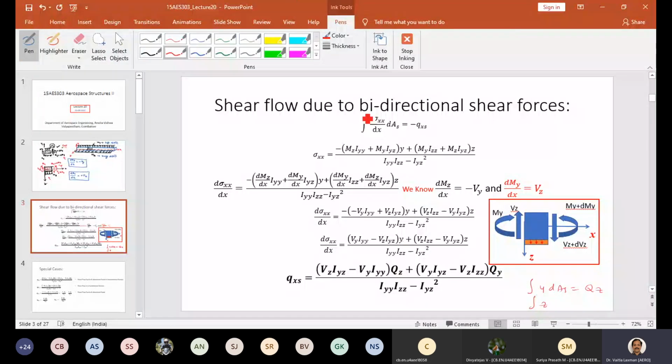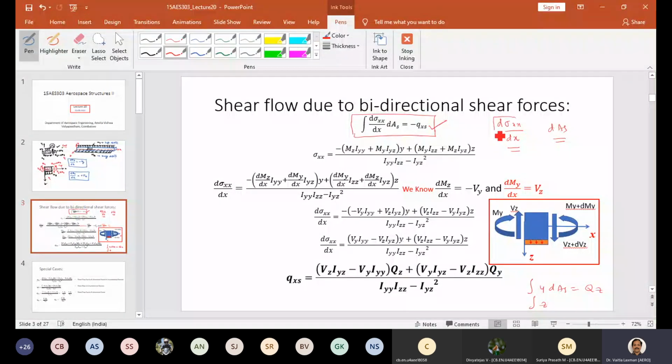This expression we got from the bending stress. Differential bending stress causes shear flow. This we know. So in that there is a part d sigma x by dx and a second part ds. These are the two parts in this integrand.